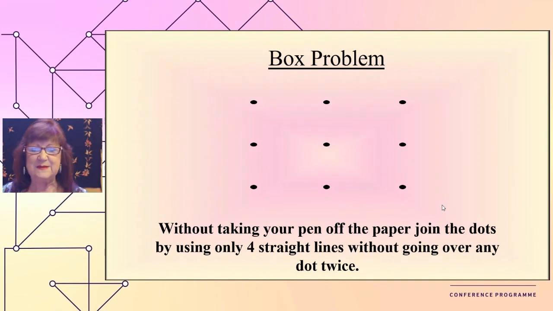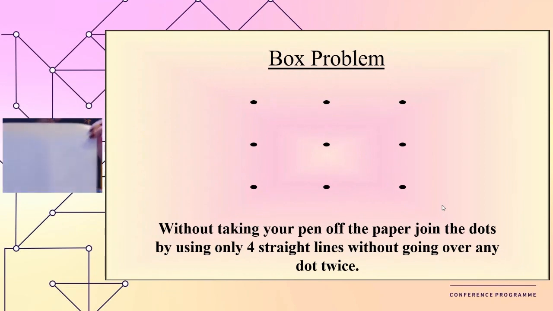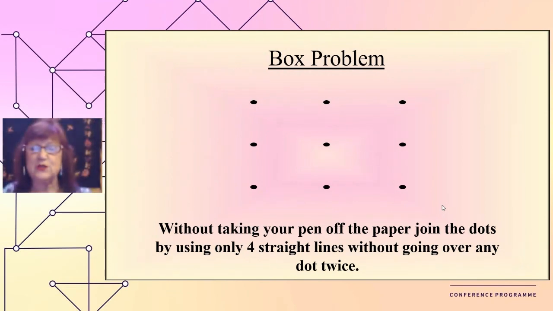Now, if you can see me, and I think you can, I'd like you to take a piece of paper like this, and I would like you to draw on it 9 dots. So you've got 9 dots on your piece of paper, like I have on the screen.